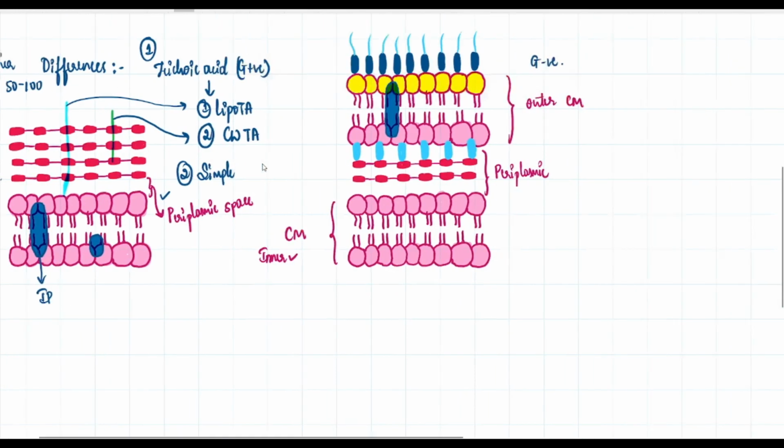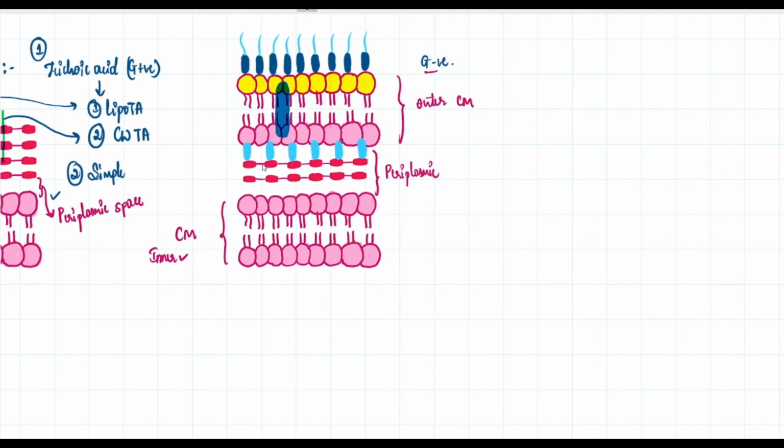In gram-negative bacteria, the periplasmic space is between the two cell membranes, inner and outer. It consists of only 1 to 2 layers. As I said previously, there are only 1 to 2 layers of peptidoglycan. The peptidoglycan layer is nothing but what? Cell wall, right?